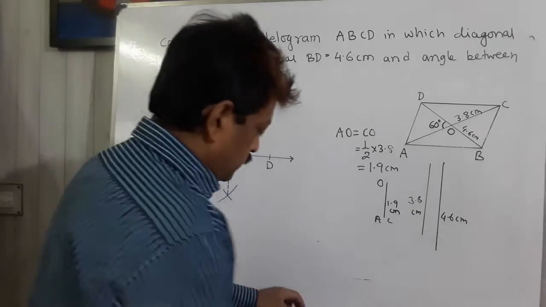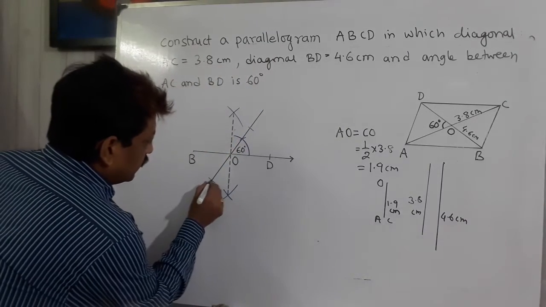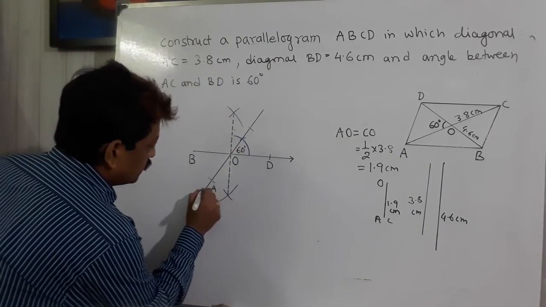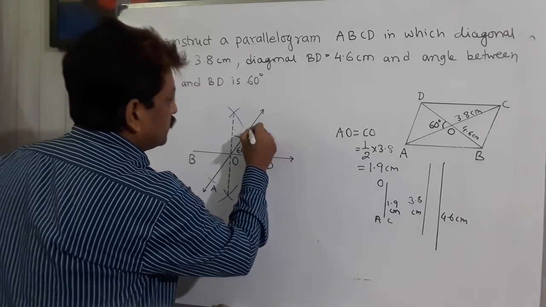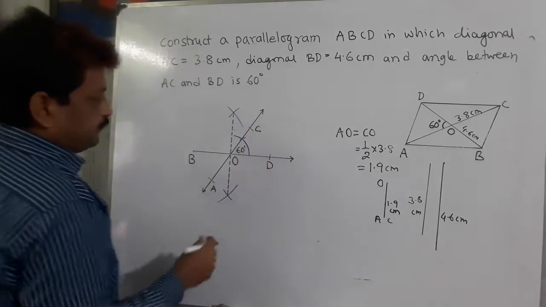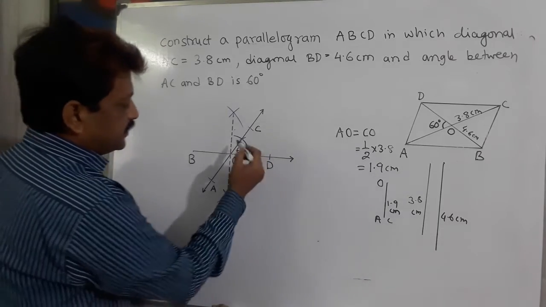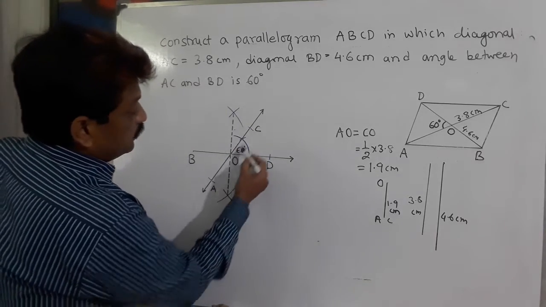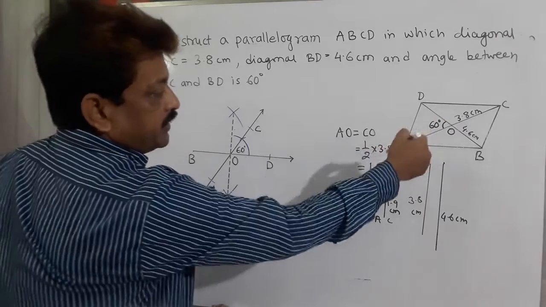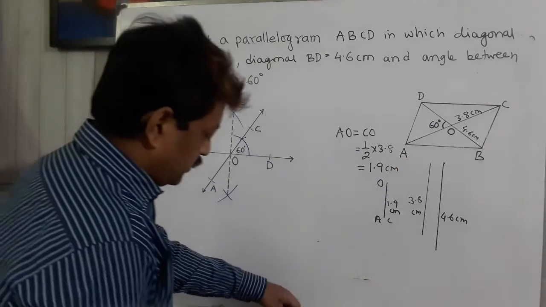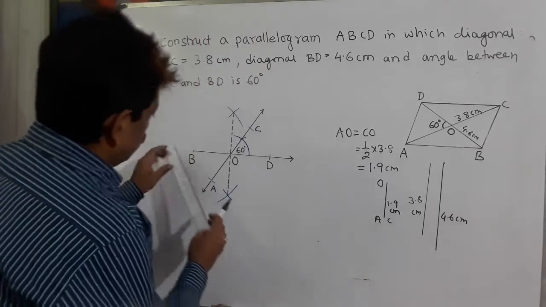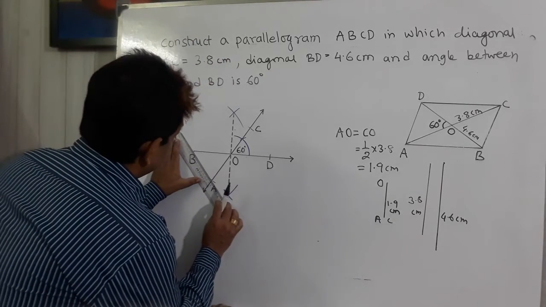Okay. So this is A and this is C, and OA and OC both are equal to 1.9 centimeter. Therefore AC will become 3.8 centimeter. Understood? So now I have to join all the vertices.